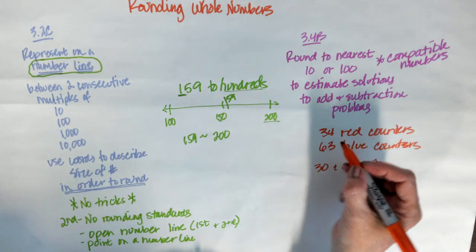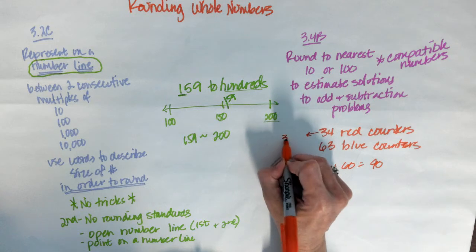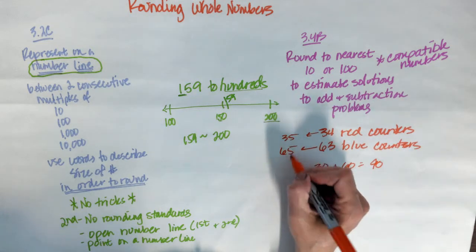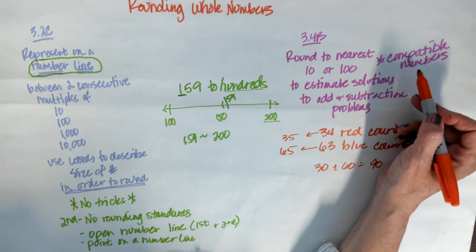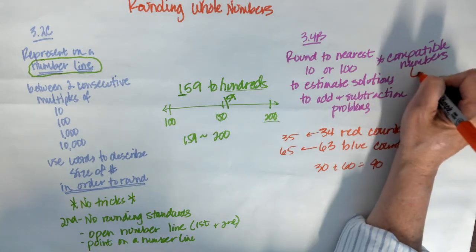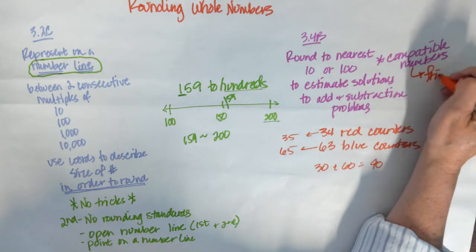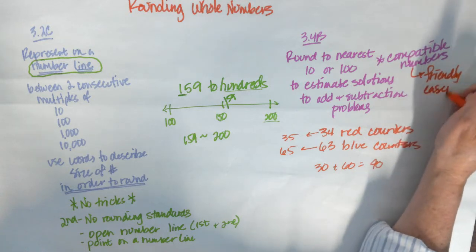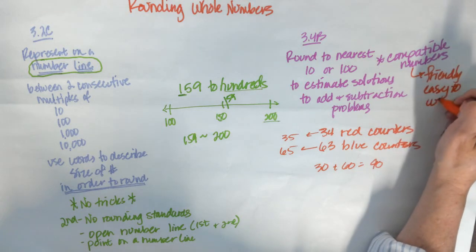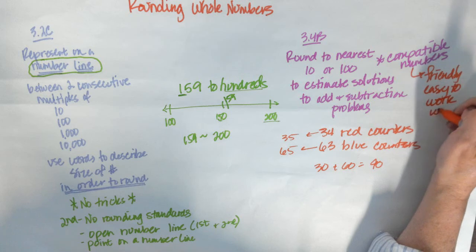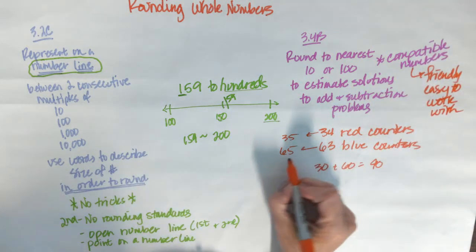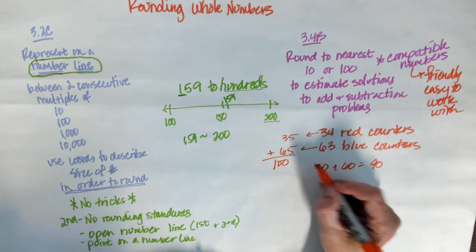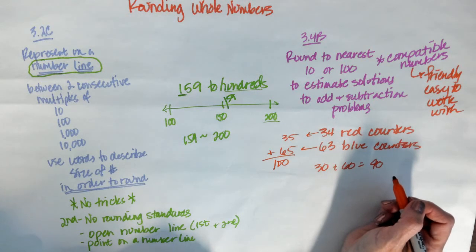But I could also say this is about 35 and this is about 65. And that's compatible. Those are easy to add together. That's all compatible numbers mean. They're friendly. They're easy to work with. So I could then add these two together and say it's about 100. Either of these are reasonable answers.